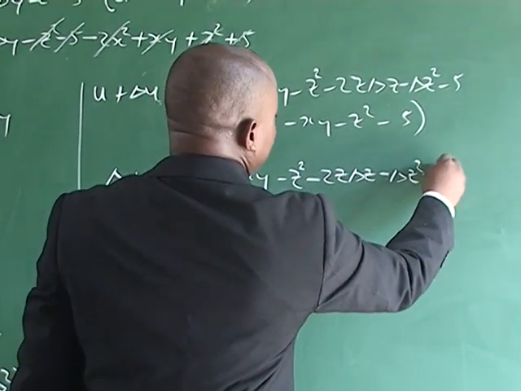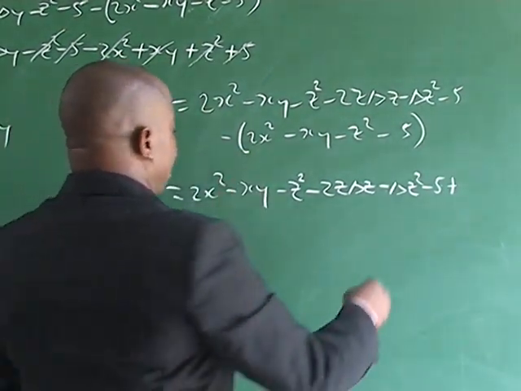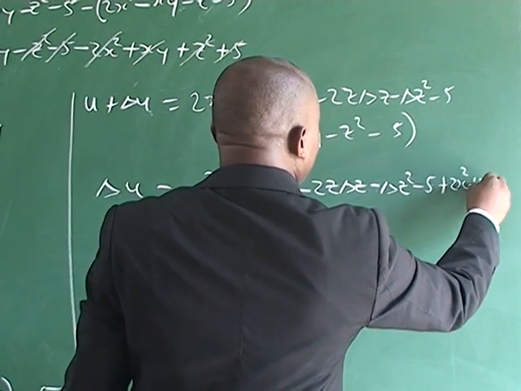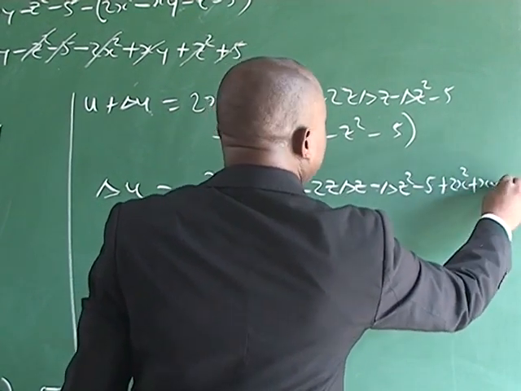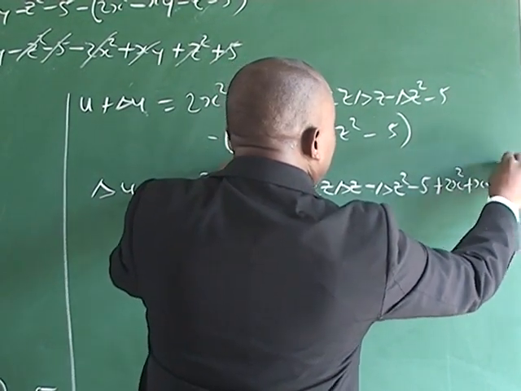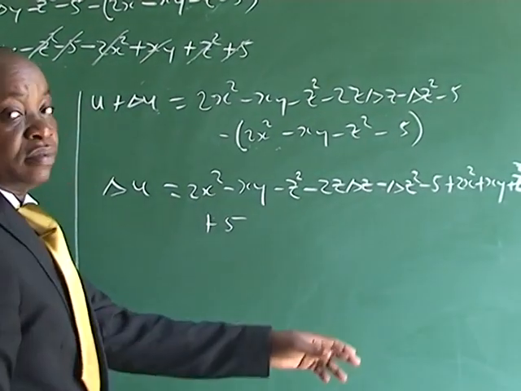Change in z squared minus 5 plus, this place will be plus when you put it on here, and then we have 2x squared plus xy minus plus z squared plus 5.